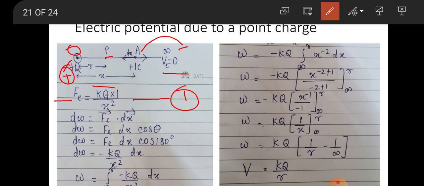So let us consider that displacement as dx. Through displacement of dx I move that charge towards the point P.